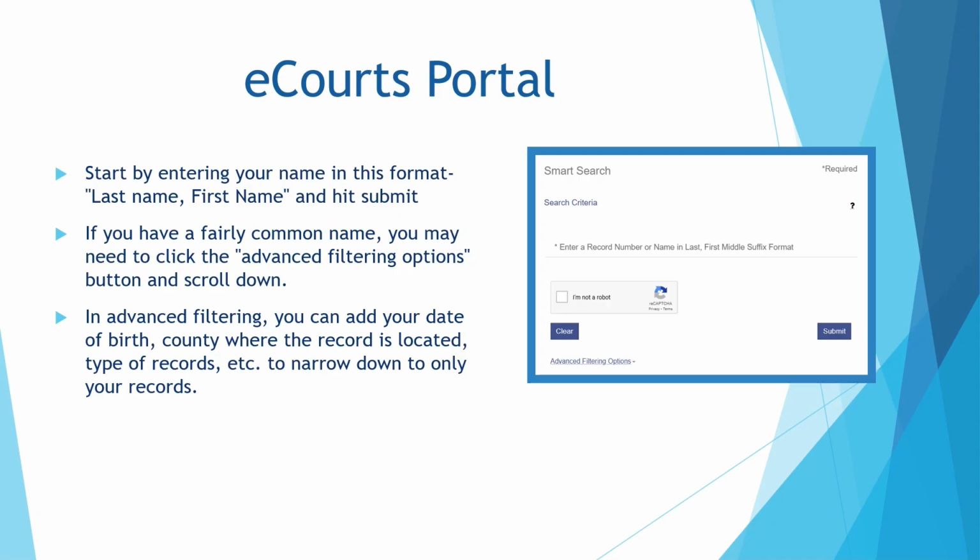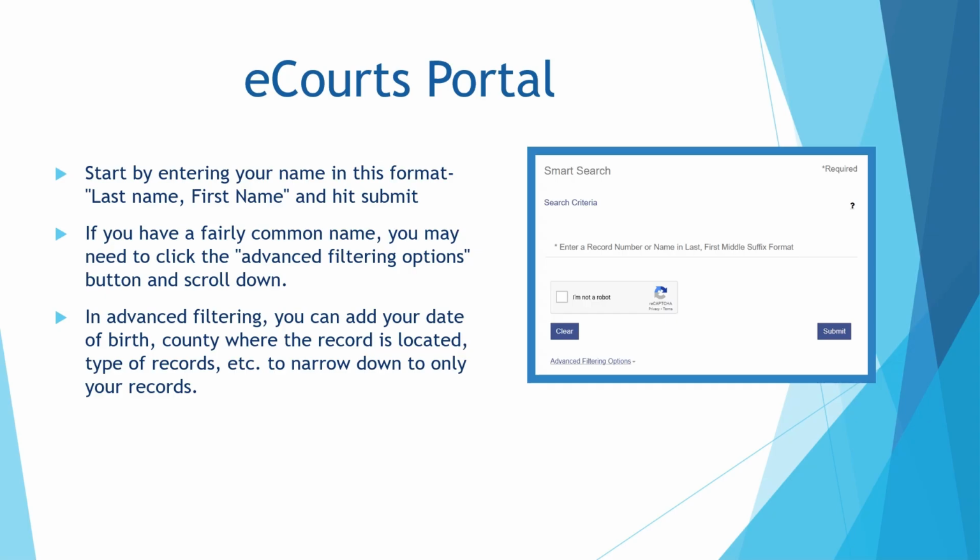If you've got a name that a lot of folks in North Carolina have, it's probably going to give you too many records to sort through. So if you see at the bottom of the screen right there, there's something called advanced filtering options. That's where you're going to need to go if you need to search in any way that's a little more complicated.